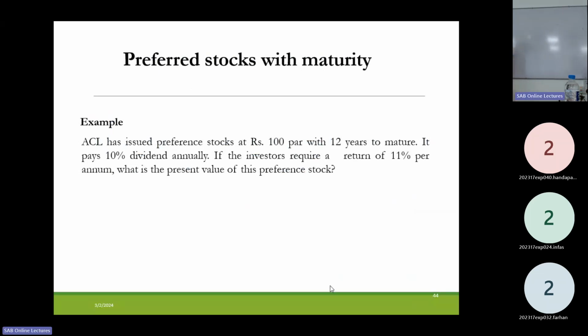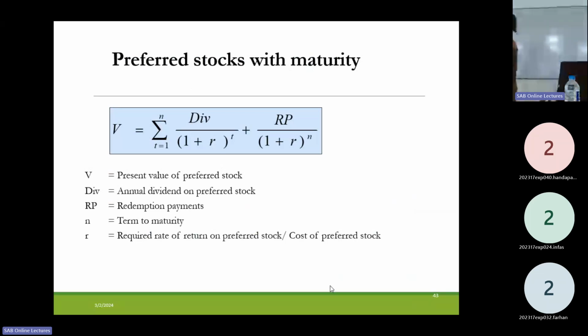You know how to calculate intrinsic value based on the expected dividend and the expected cash flow. I will show you the formula here. The dividend here is an annuity: annually, semi-annually or quarterly, you are getting the same dividend.